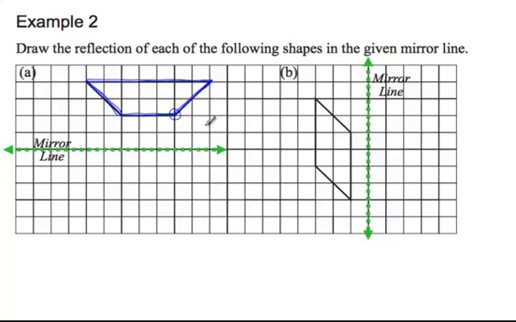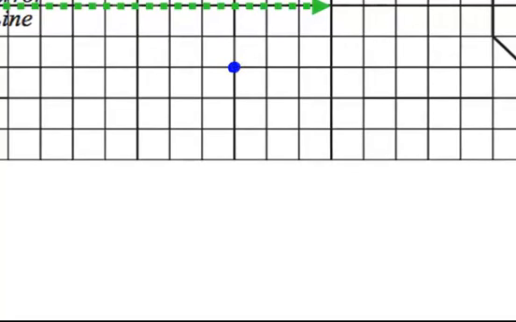So let's start with this point right here. It is 1, 2 away from the mirror line, perpendicular. So on the opposite side, it will move 1, 2, and its reflection will be over here. If we take this point, it's again 2 away, so it will be the opposite side of the mirror. That's it, point reflected. This one over here is 1, 2, 3, 4 away, so we're going to move 1, 2, 3, 4 away in the opposite direction.